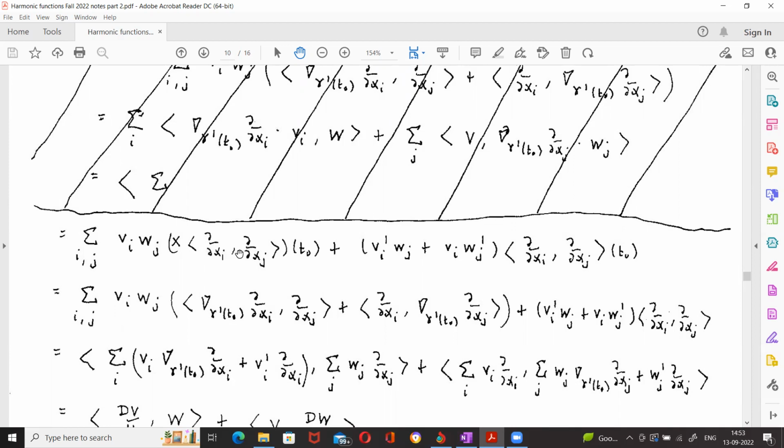If I apply that, then what I'll get is <∇_{gamma prime(t naught)} ∂/∂x^i, ∂/∂x^j> plus <∂/∂x^i, ∇_{gamma prime(t naught)} ∂/∂x^j>.